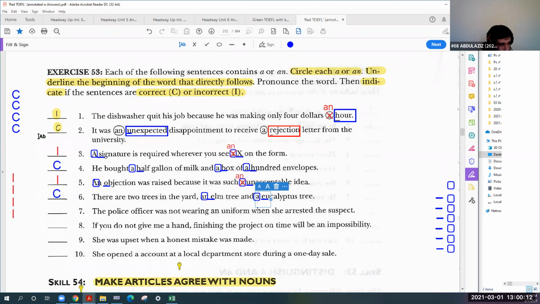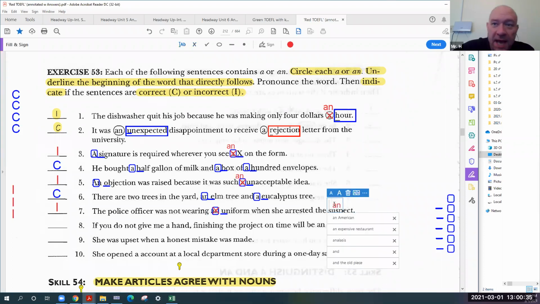Abdulaziz, how about number 7? Incorrect. Incorrect? Why? Uniform. A uniform. Should be a uniform, right? Yes. Okay. Excellent. We want a uniform. And wrong. Should be a. Why should it be an?